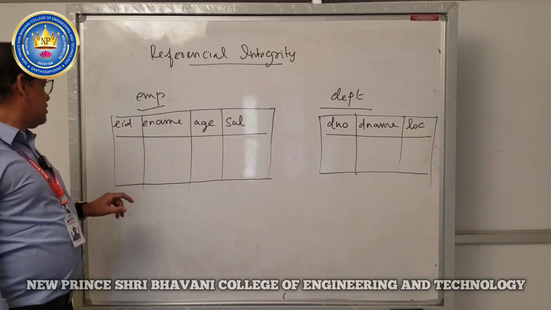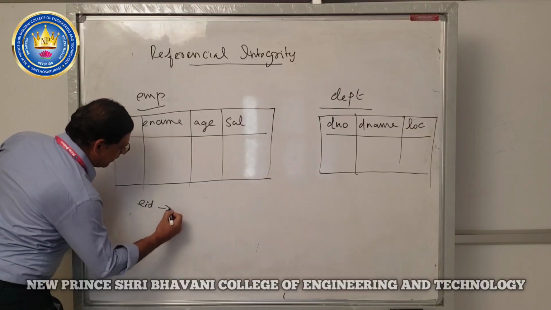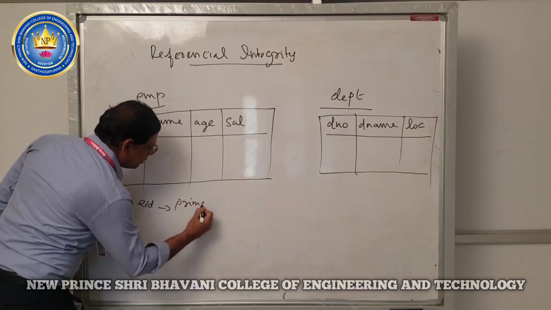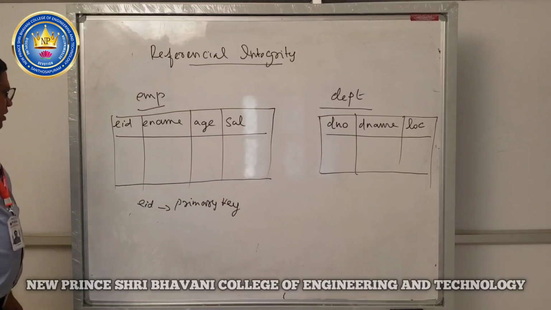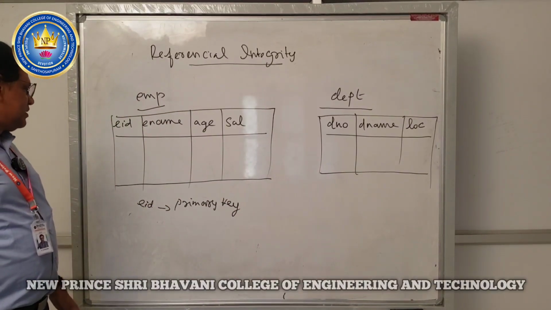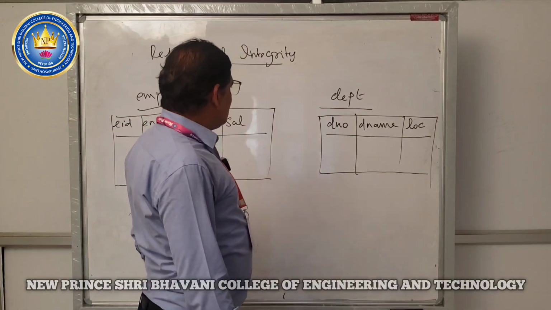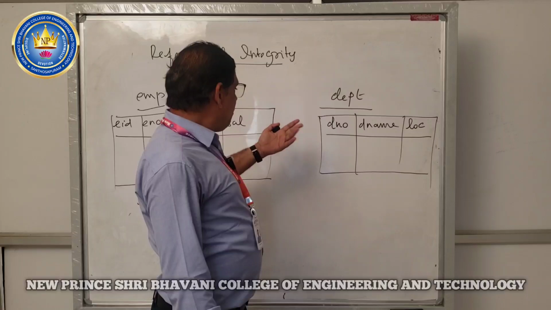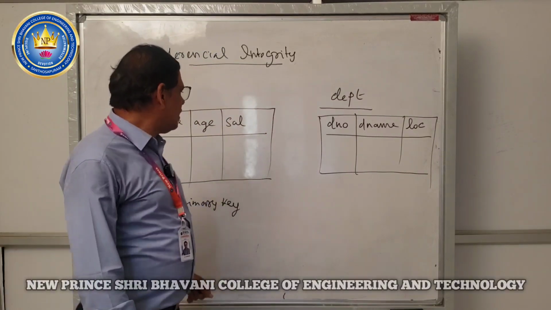That is unique, so we have to set employee ID as a primary key, which uniquely identifies an entity in the entity set. Also, in the department table, the department number must be unique, so we also set it as a primary key.